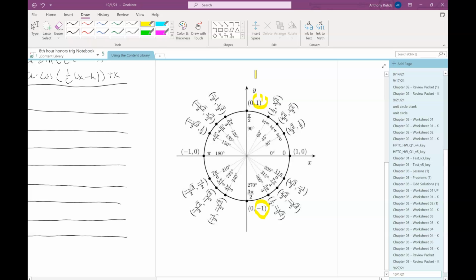The biggest output is +1. And every y-coordinate in between -1 and +1 can be found. There's a point on the unit circle that has every y-coordinate between -1 and +1. So that's my range.